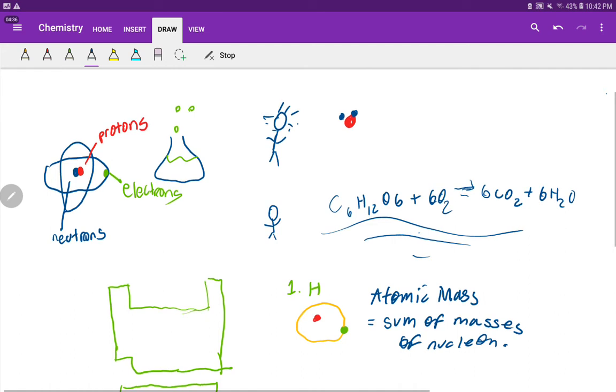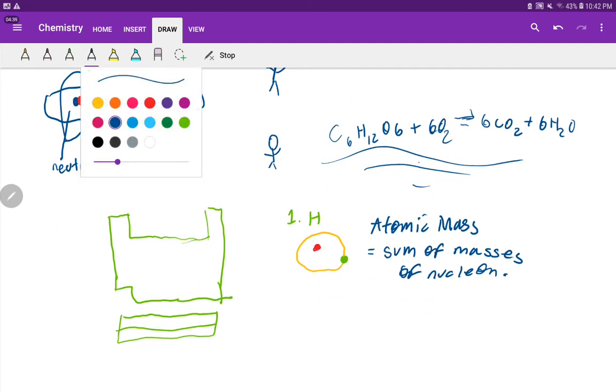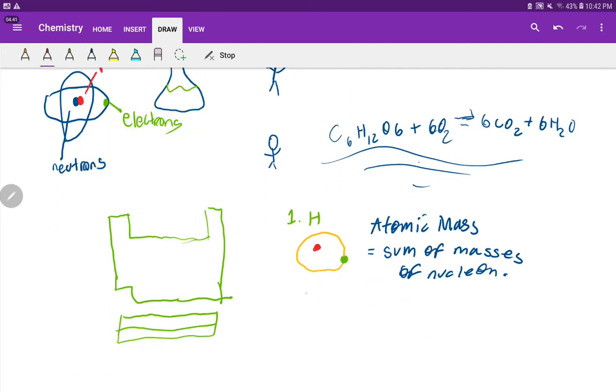A nucleon is either a proton or a neutron. So, for example, in this atom, there's one proton and 0 neutrons. So, it would have an atomic mass of 1 AMU. An AMU is an atomic mass unit.